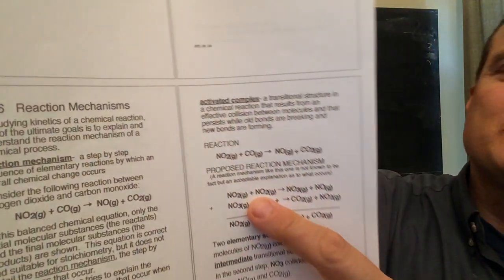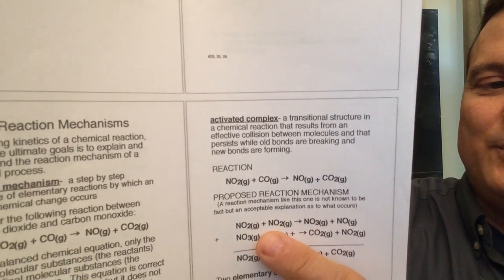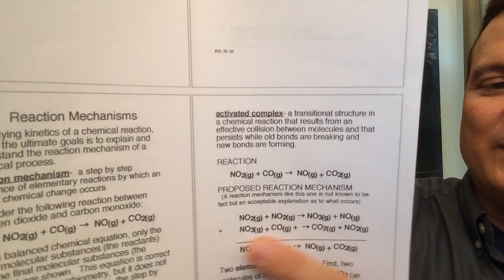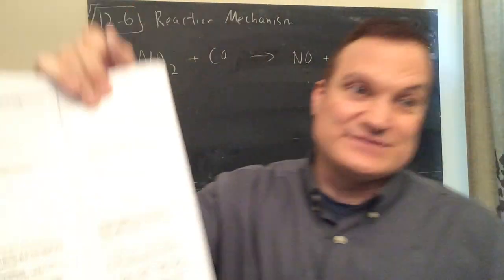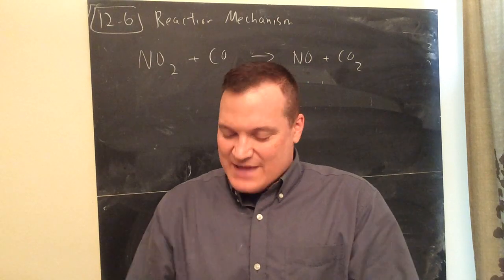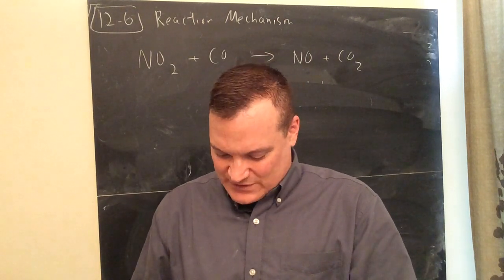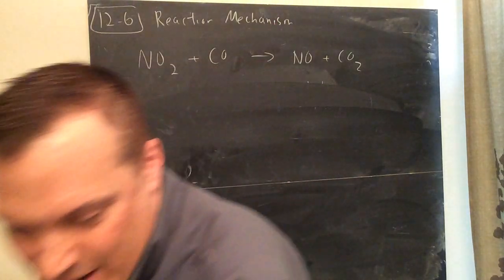Two NO2s first collide to make NO3 and NO, so it pulls one O off. Then the NO3 collides with CO to make CO2 and NO2. I made up some other possibilities there, and it wasn't actually this one. You don't have to worry about what this one was; if you wanted to figure that out, you could. That's a neat thing. So it does make an intermediate there.